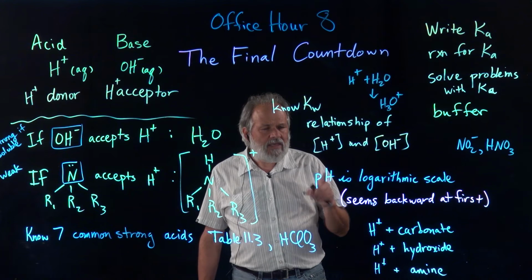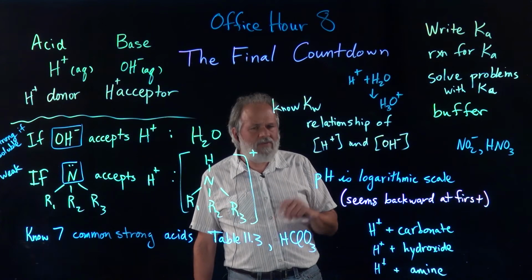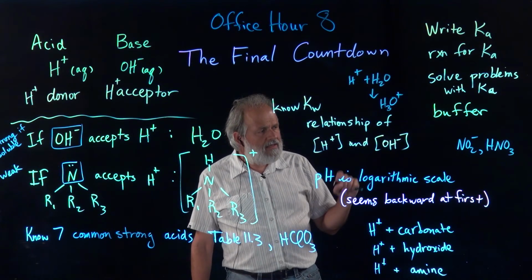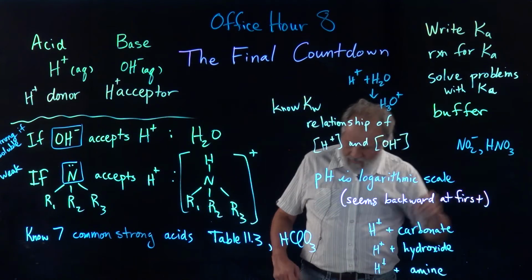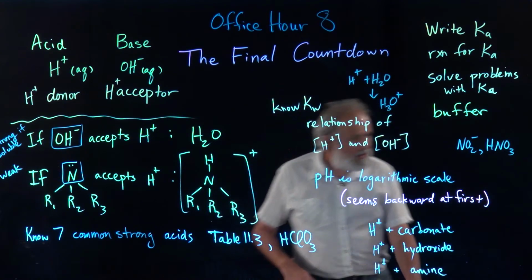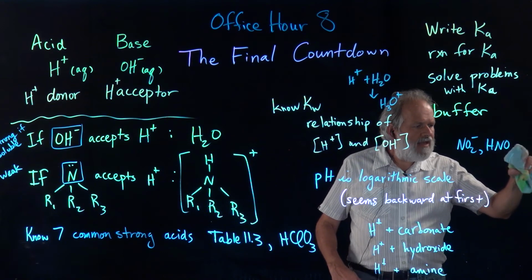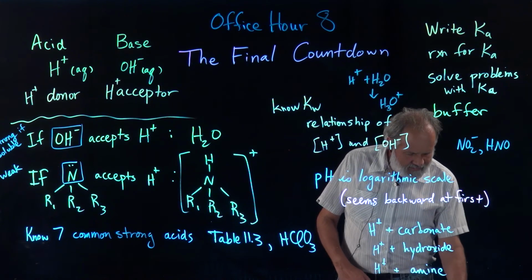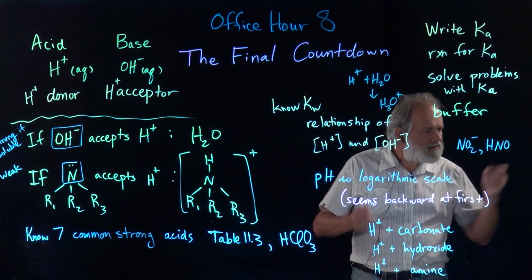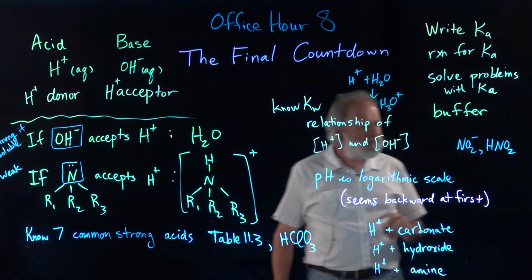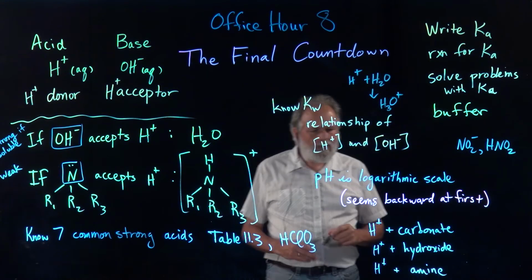And the pH of this buffer is very close to the pKa of the, oops, sorry, that's not a 3, that's a 2. Nitric acid is a strong acid. The weak acid is nitrous acid.